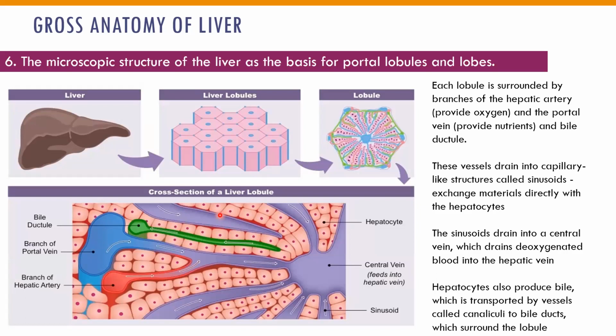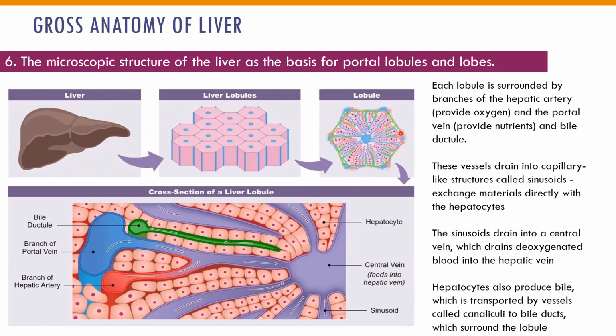Now we go to the microscopic structure of the liver, as the basis of the portal lobule and lobes. This is the liver. One liver has so many lobules, more than you can count, and each lobule looks like this.